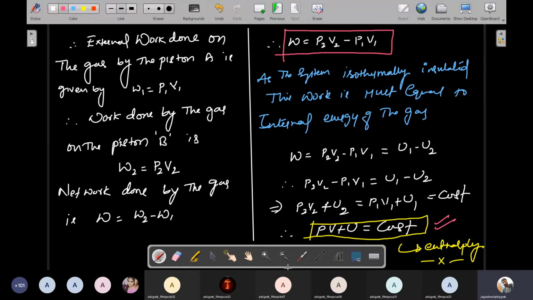PV plus U is equal to constant. Now I will do some special cases: how this PV plus U will change below the boil temperature, at the boil temperature, and above the boil temperature. So in this class I will explain the special cases.